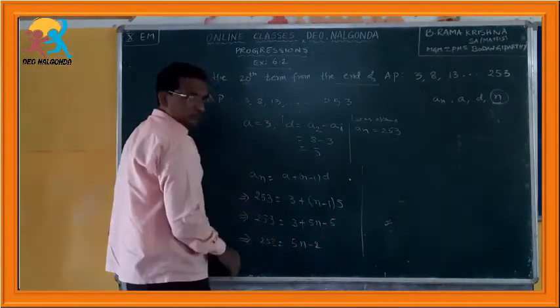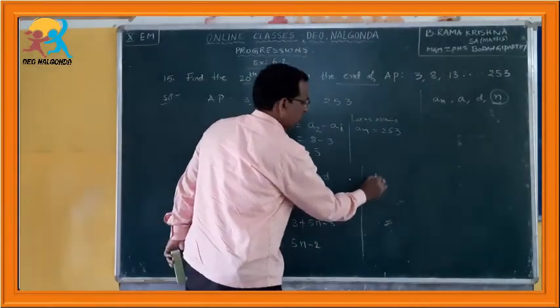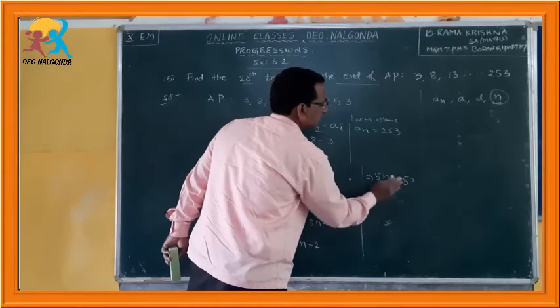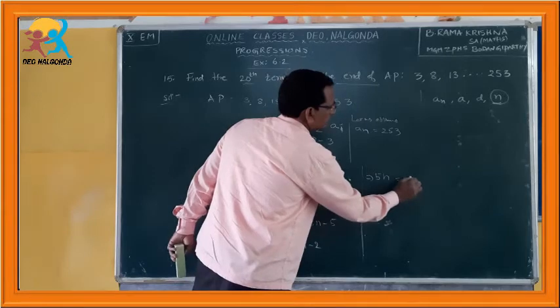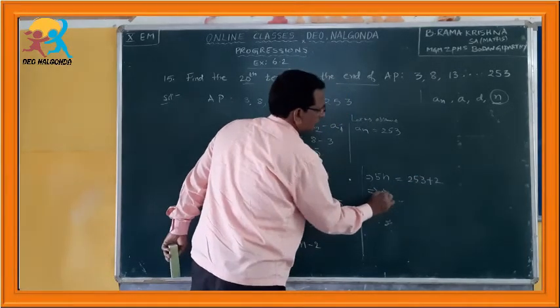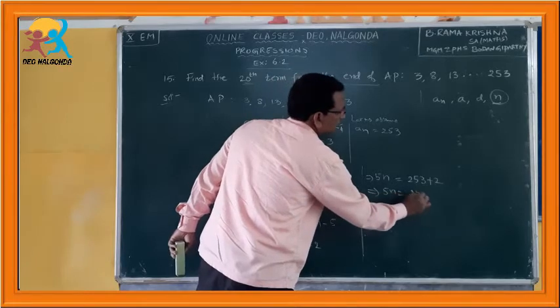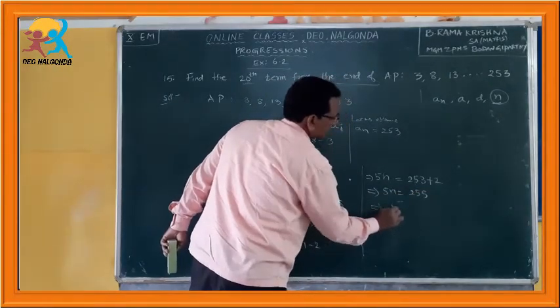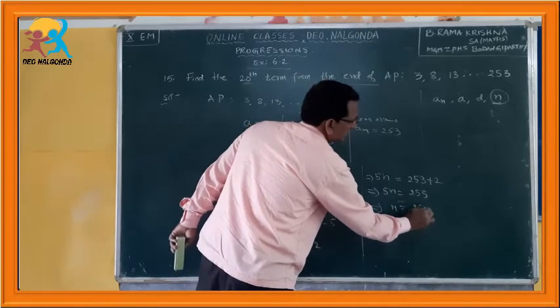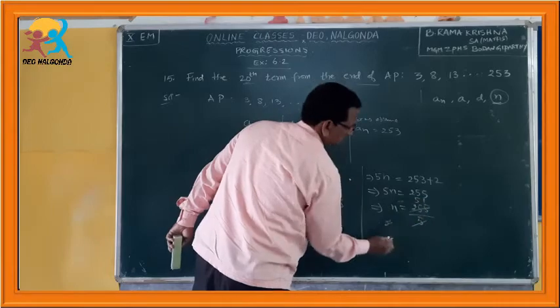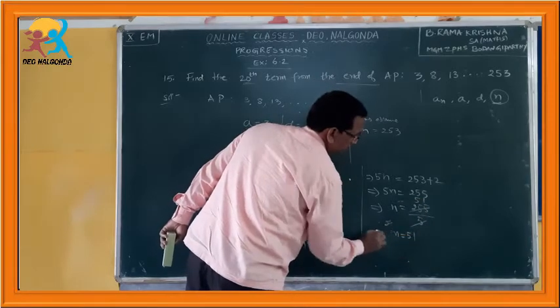So, if you transpose this minus 2 to this side, 5n is equal to 253 plus 2, which implies 5n is equal to 255, which implies n is equal to 255 by 5. 5 ones are 5, 5 fives are 25, 5 tens are 50. So, n is equal to 51.